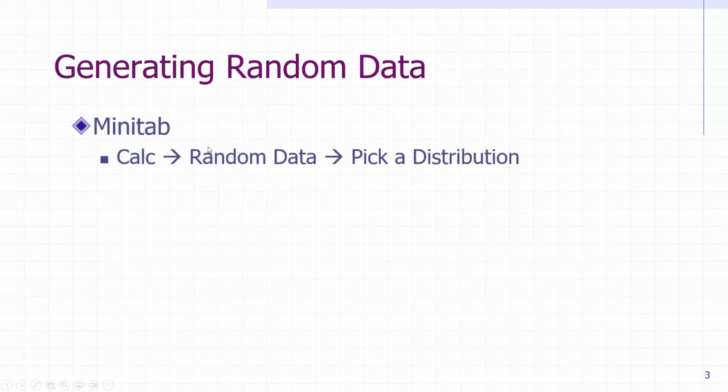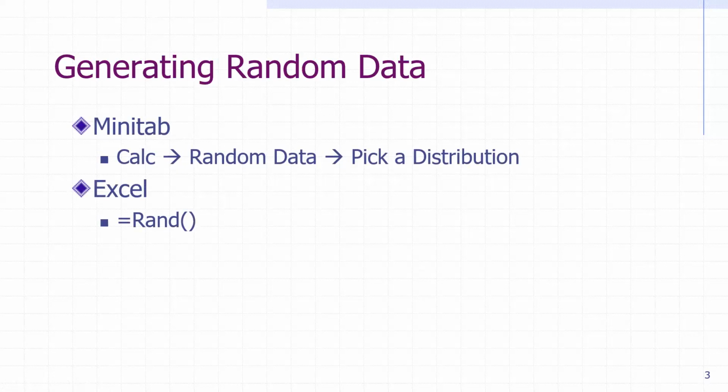We will start here by learning how to generate random data. We will do that in Minitab, and we will also do that in Excel. However, I want to make a really important distinction here. When we get data from Minitab, it will be a random sampling from a given distribution, i.e., it will be a failure time randomly picked from a given distribution that we will tell Minitab.